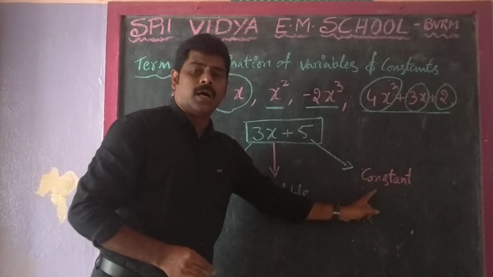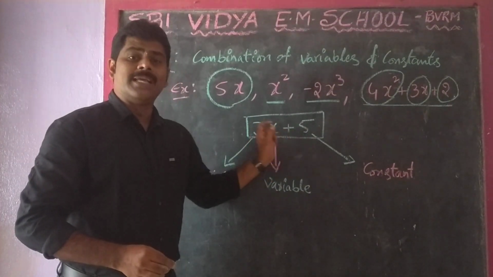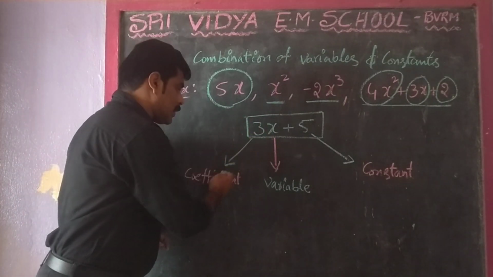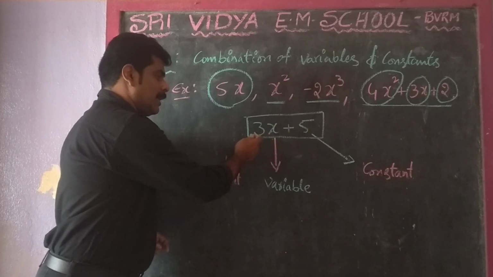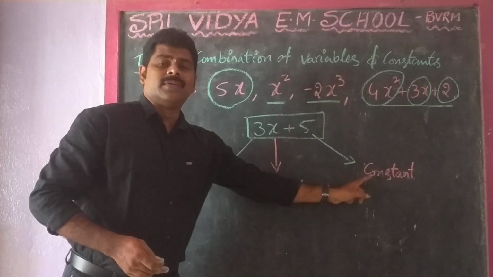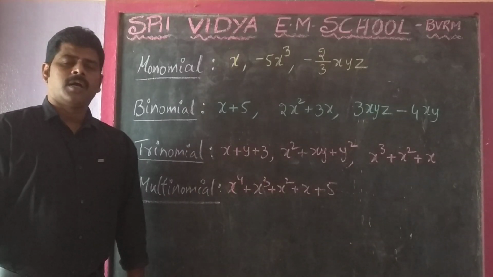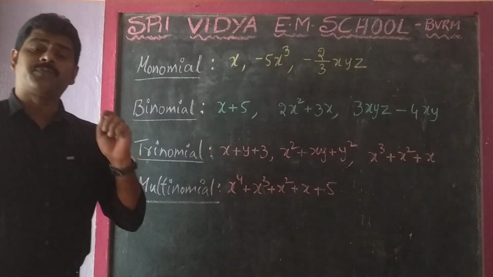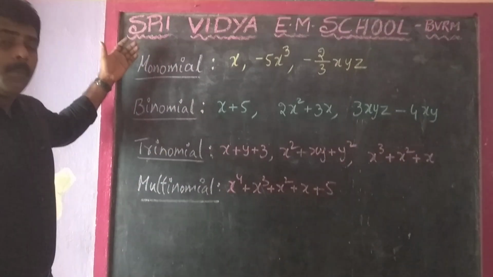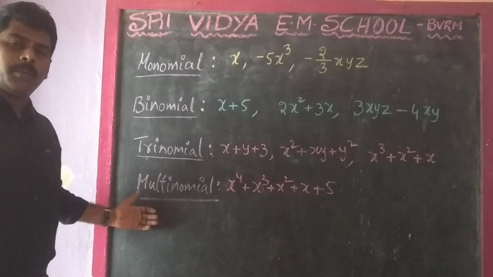And 5 is called the constant. So 3x plus 5 is an algebraic expression which contains coefficient of x as 3, x as a variable, and 5 as a constant. Understand? After learning the concept of term, try to learn the concept of monomial, binomial, trinomial and multinomials.